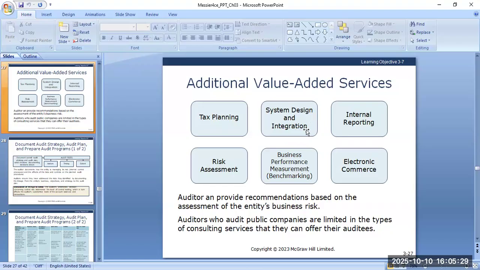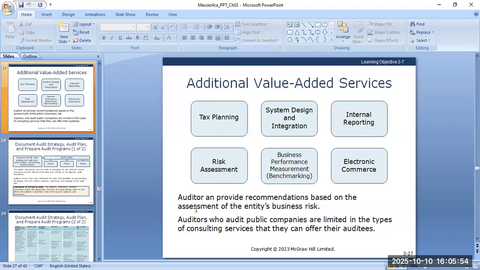System design and integration, that's related to IT system design and integration. Business performance measurement and benchmarking; basically, we're doing the management assessment of the company, internal reporting, and electronic commerce. That's another type of business.